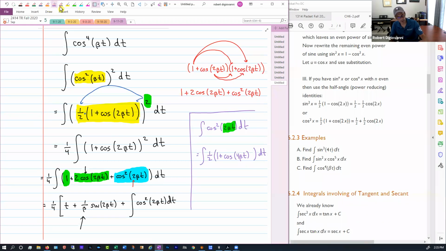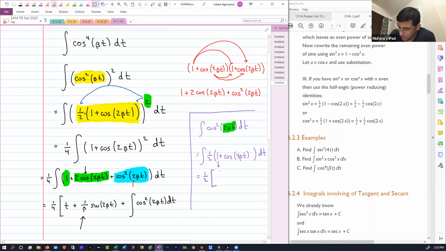All right, now that's equal to, let's see, 1/2. Can we find the antiderivative of each of those? Yeah. Antiderivative of 1 is going to be t.